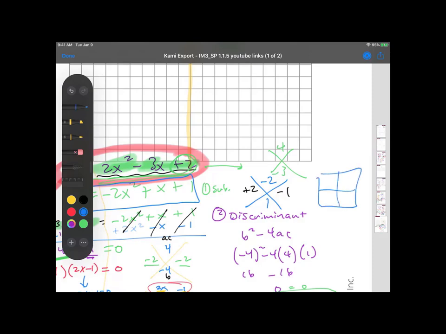Let's multiply to be negative 2, and then add to be a positive 1. So then I get 2x, 1x. I know why. It is a negative. I don't like this one, but I'll show it to you.